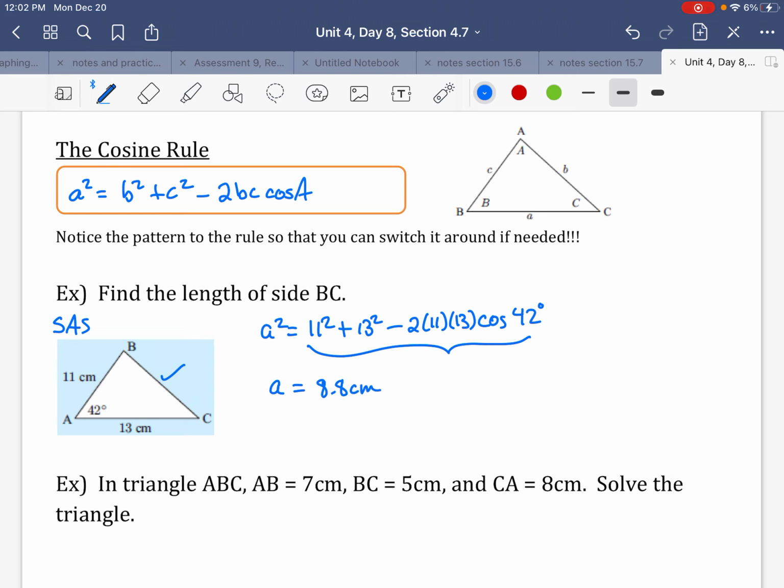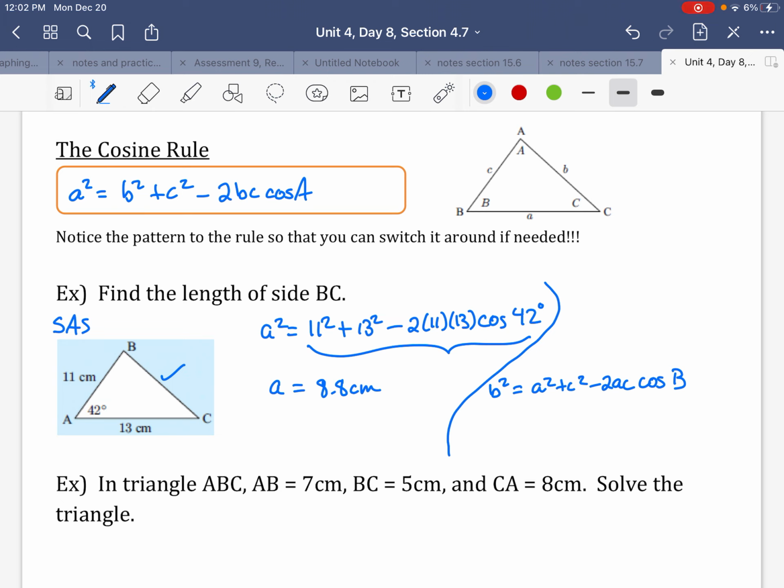Okay, makes kind of sense there. So then we're actually going to solve this whole triangle. Let's just find one of the angles. I'm going to find angle B, I guess. To find angle B, I need b squared equals a squared plus c squared minus 2ac cosine b.